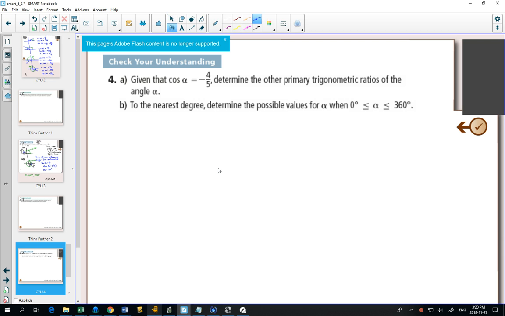Okay. So, given that cos of alpha is negative 4 over 5, first of all, just like the last question, you think of your CAST rule. What quadrants could this be in? Cos is negative, so it's going to be in quadrant 2 or 3.